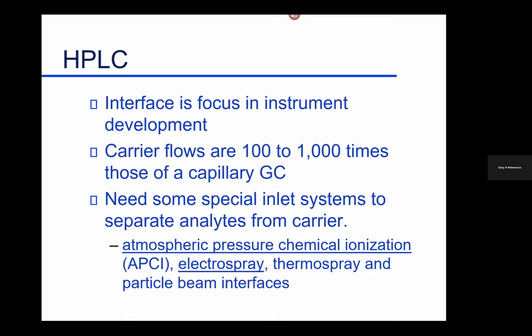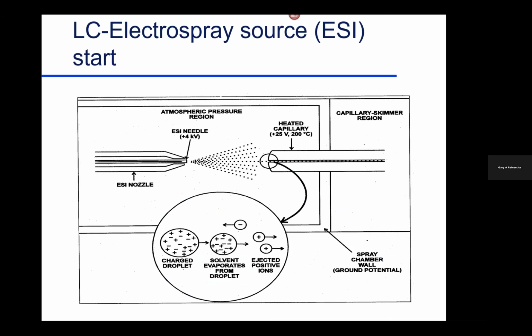And so that's where we get into different types of what we call sources: atmospheric pressure chemical ionization, electrospray, thermospray, electron beam. So there are a number of different ways we manage the volume that we get out of the system. Electrospray is the most common way of getting rid of HPLC liquid.